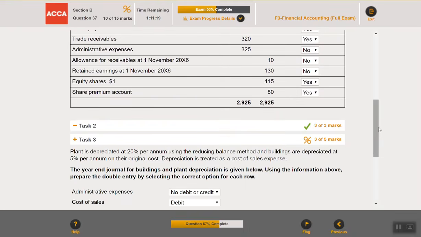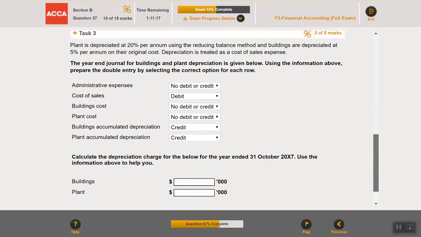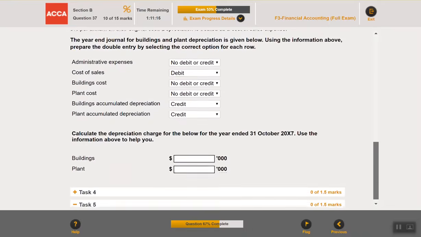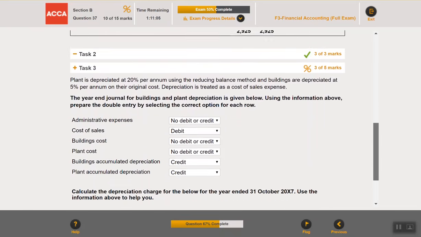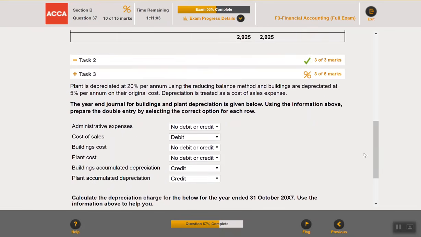Task 3. Calculate depreciation charge for the below for the year ended 31st October 2017 using information above to help you. Okay, depreciation. So plant depreciation was 20% per annum on reducing balance, and building depreciation was 5% per annum on straight line.